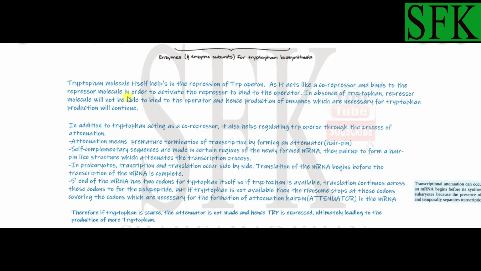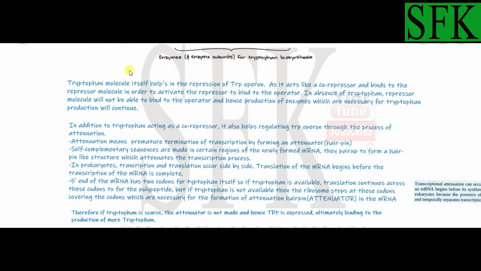After the repressor molecule binds to the tryptophan molecule, they form an active repressor, which will go and bind to the operator site. After binding to the operator site, the activity of RNA polymerase will be blocked, and so transcription will not be initiated if tryptophan is present.